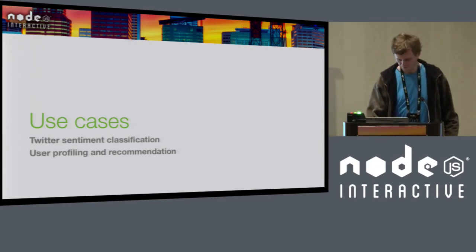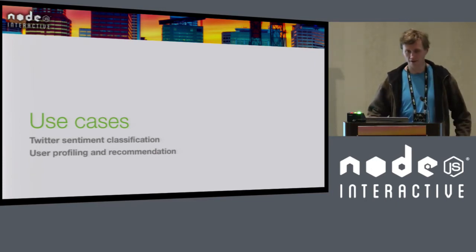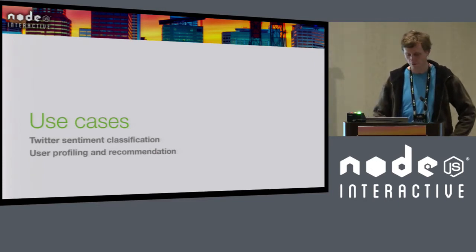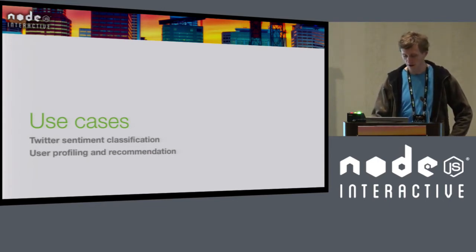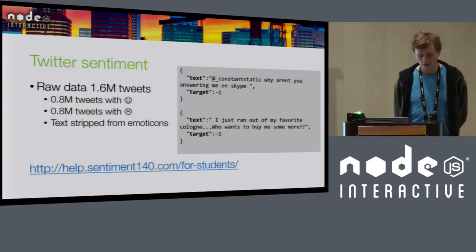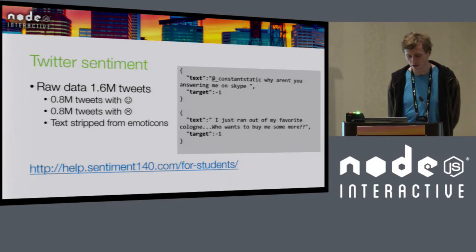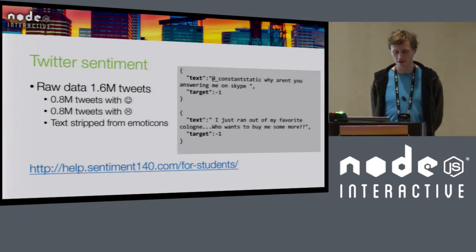Okay, so let's see how this, a very standard problem from machine learning, building a text classifier, in this case to detect sentiment in tweets, how this can be realized using the QMiner module. So here we start with a data set where we have 1.6 million tweets that were gathered by just using the Twitter streaming API.